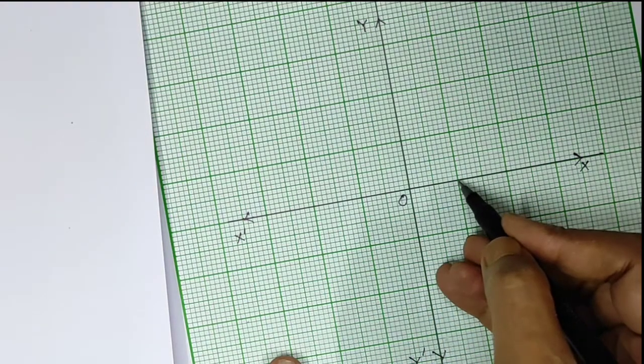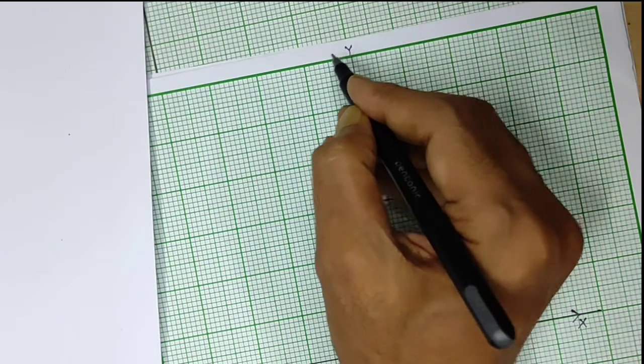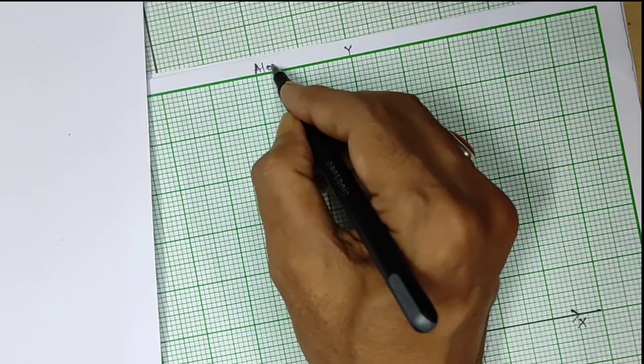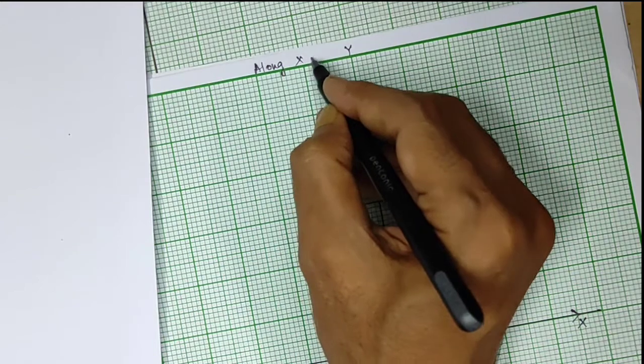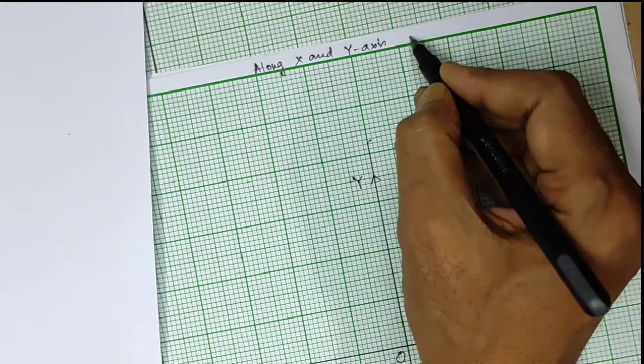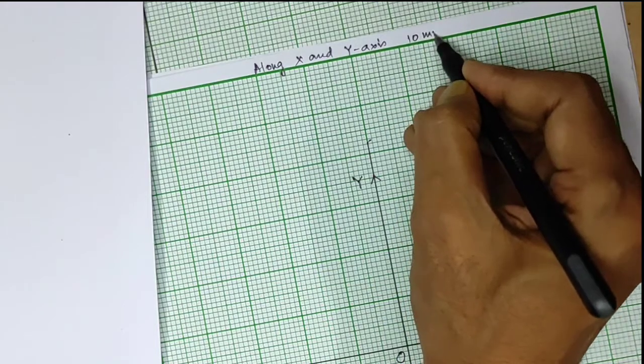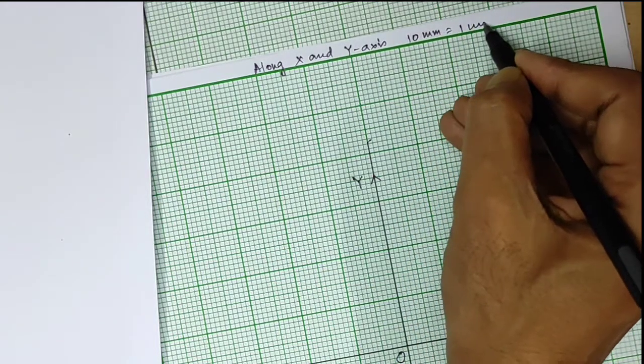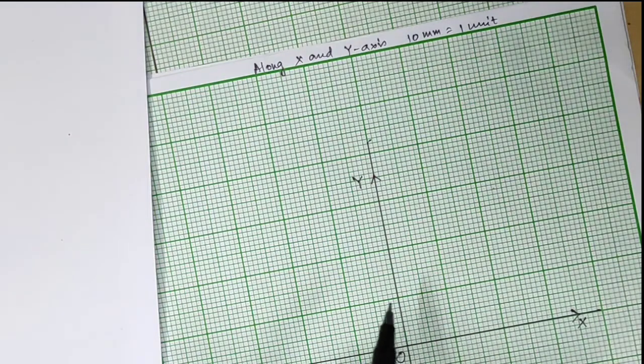I am taking here every 10 millimeter as 1 unit along x and y axis. When the values are very small, you can take 10 millimeter also.